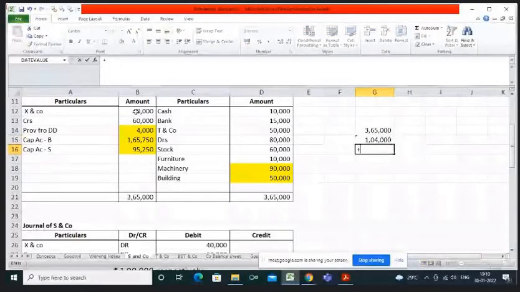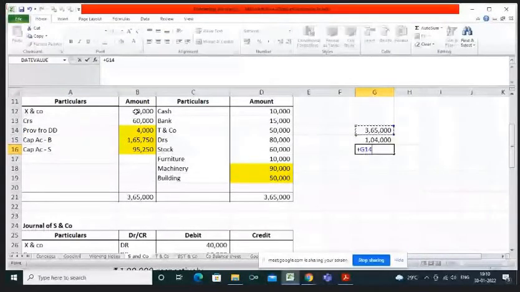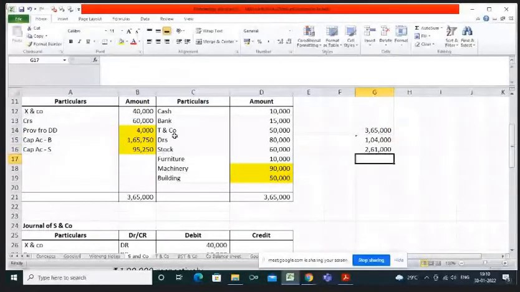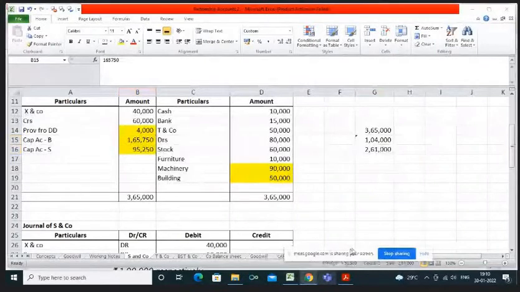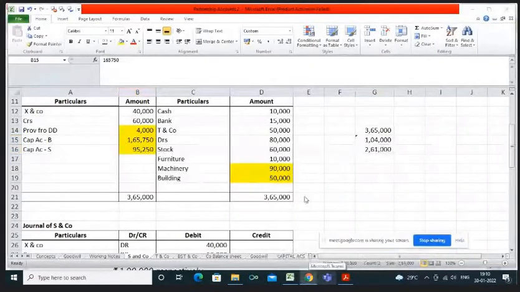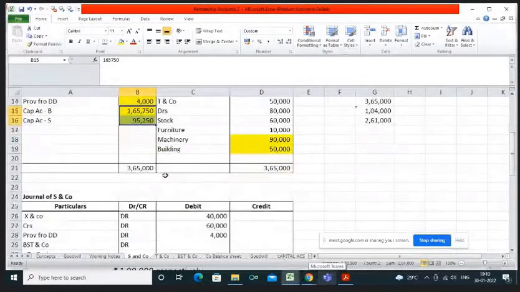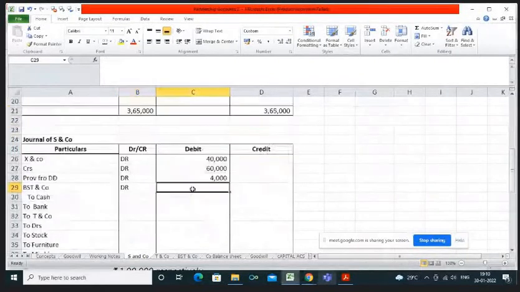What is the sum total of all the liabilities taken over? The 3 items of liabilities taken over total 1,04,000. So what is the difference? The difference is 2,61,000. And that 2,61,000 is essentially our capital accounts.